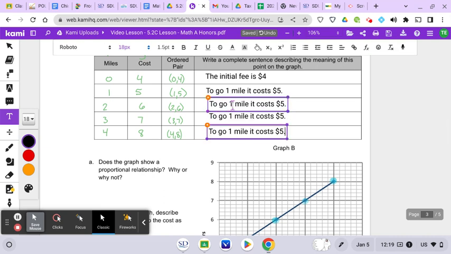To go 2 miles, it costs $6. To go 3 miles, it costs $7. To go 4 miles, it costs $8.